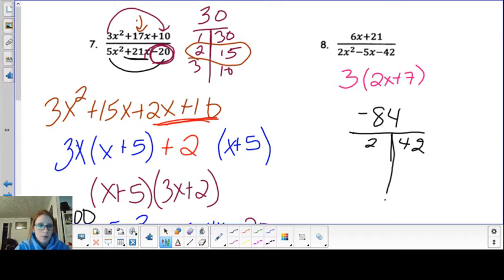84 divided by 3 gives me 28. 84 divided by 4 gives me 21.